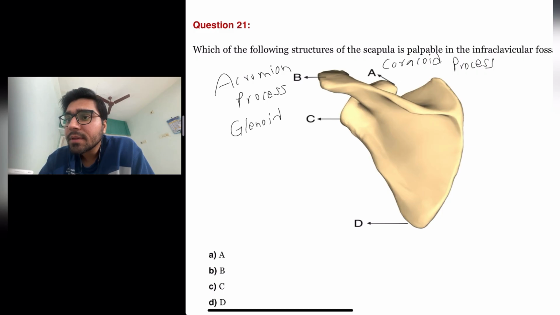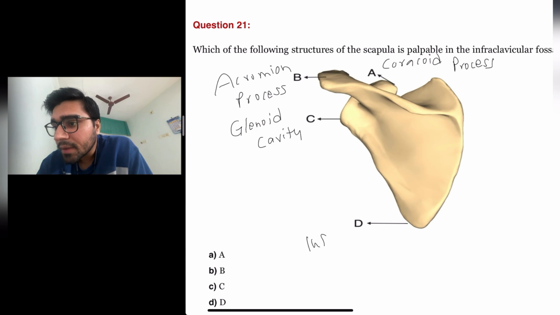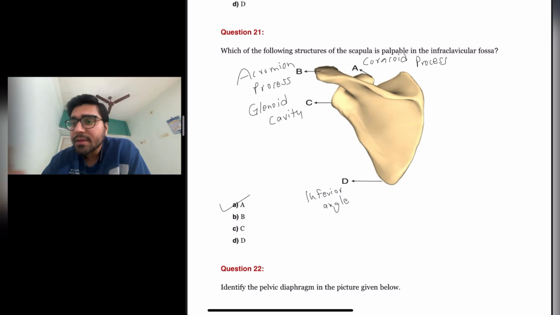This one is the glenoid cavity. This one is the inferior angle. So the answer here is A, that is the coracoid process. Because when you start palpating the infraclavicular fossa, the structure that will be palpable to you is the coracoid process.